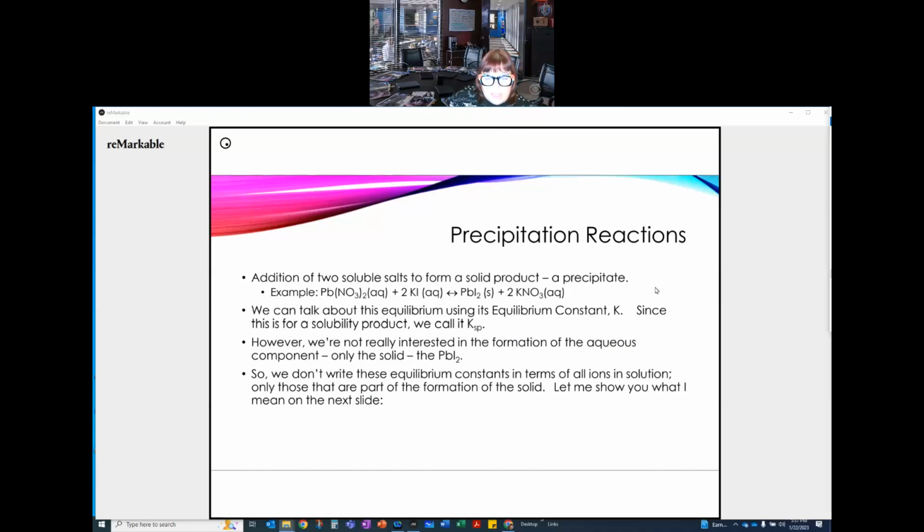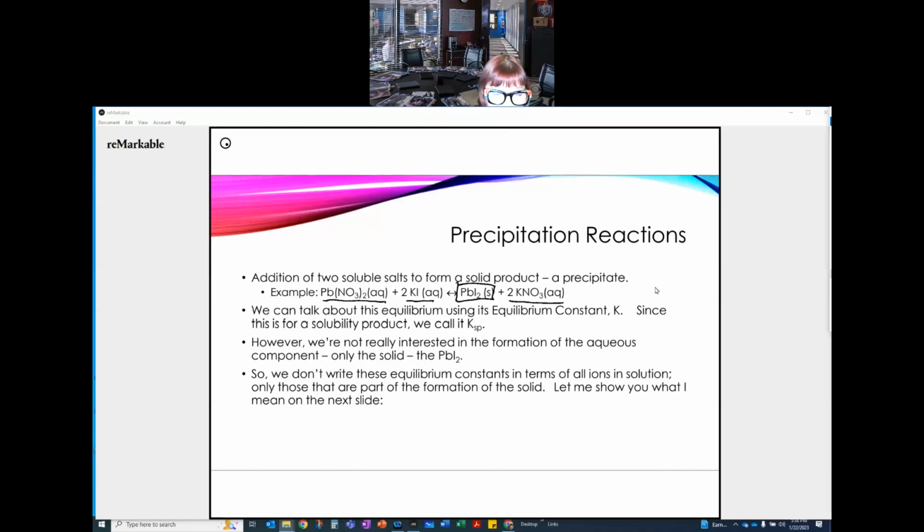When we're not really interested in the formation of the aqueous component. So the reaction, as we've written it here, has two aqueous components, KI and Pb(NO3)2, reacting to give me 2KNO3, which is aqueous, and this PbI2 salt. That's really the part that I care about, is that PbI2 salt. I want to know how that's formed, okay?